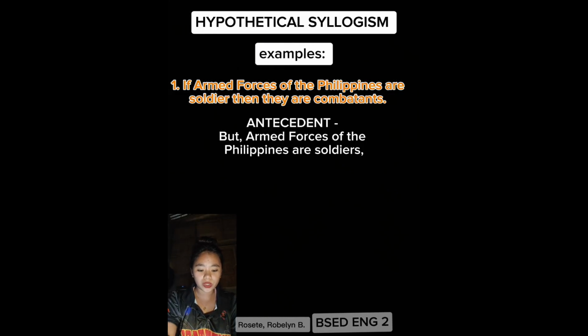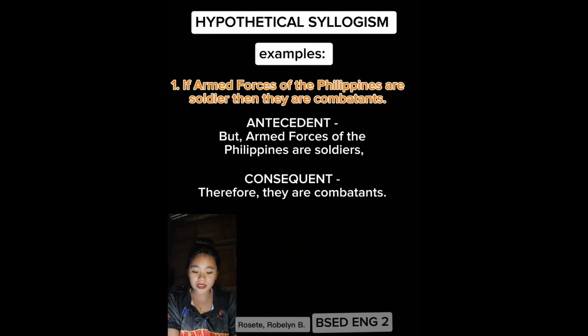While the consequence here is "then they are combatants," because the consequence is something that goes after, the "then," which follows the antecedent. That is an example of a hypothetical syllogism.